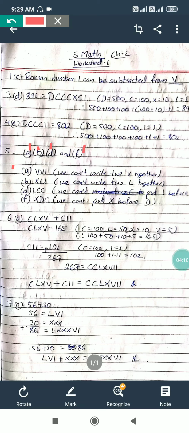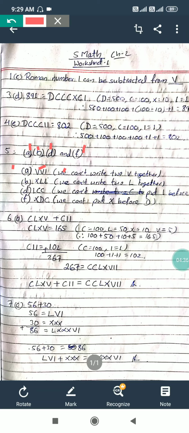Okay, so what is written in 5A? 5A is written VVI. It is very uncommon because we can't write two V's together. We haven't seen two V's written together because it is out of the rule. We have to follow the 5 rules, whatever they say, and obey them.